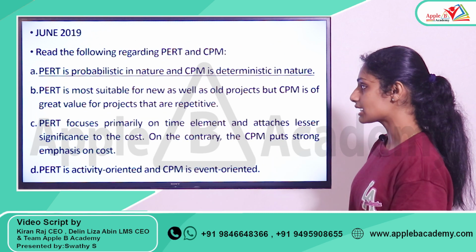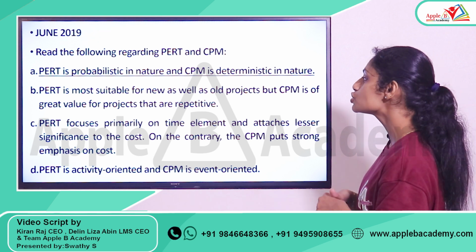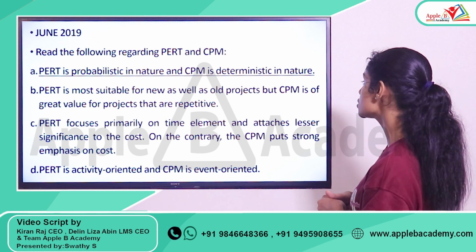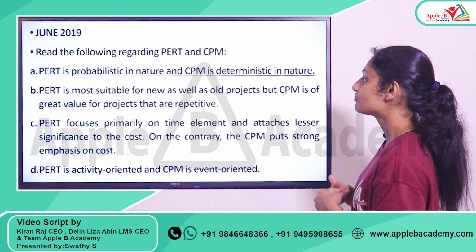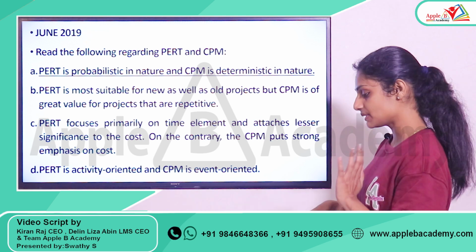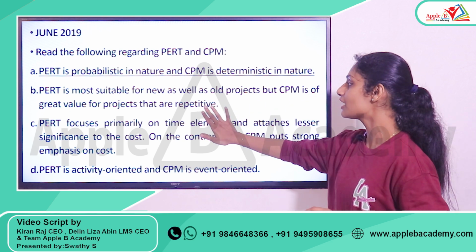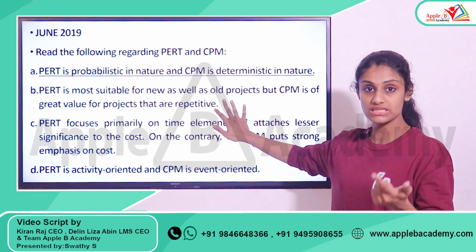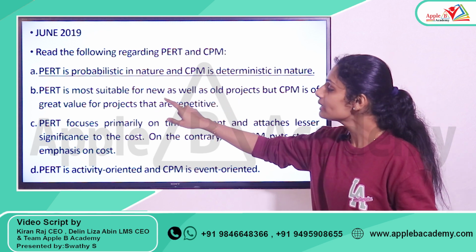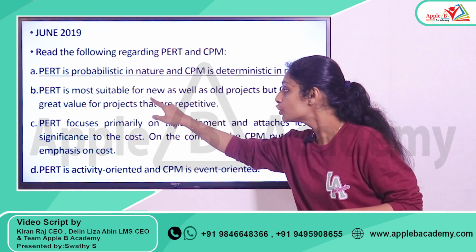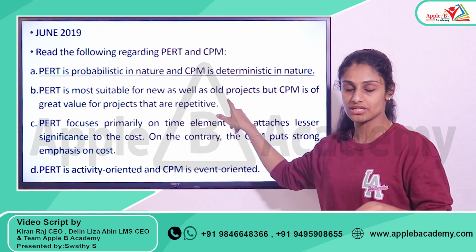We will go through the second statement. PERT is more suitable for new as well as old project, but CPM is of great value for projects that are repetitive. Is that right? The second part is right. That is, CPM is of great value for projects of repetitive nature. But commonly, PERT is more suitable for new projects, not all projects.